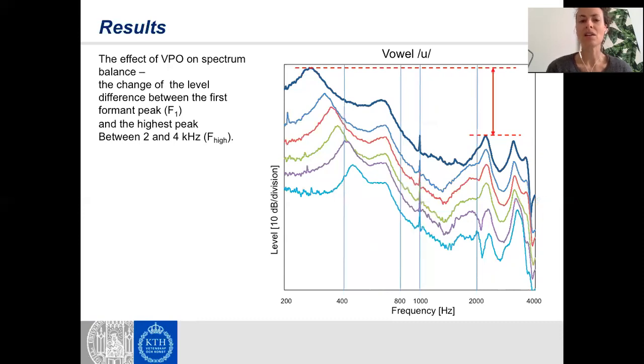And you can see the level difference here is 26 decibels. And when you look at those effects in the transfer function, which is obtained after coupling with a large VPO tube, you can see a level difference of 18 decibels. So this is a clear effect of boosting the high spectrum partials.